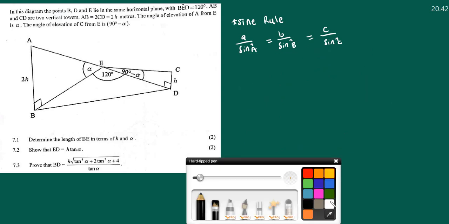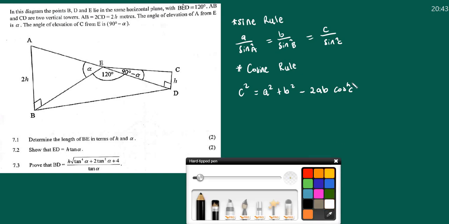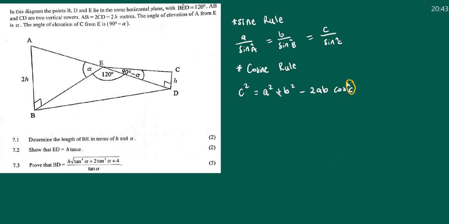Now, the second formula we need to remind ourselves of is the cosine rule. Remember that the cosine rule says c squared is equal to a squared plus b squared minus 2ab cos of angle C. This side c is the side that is opposite this angle.